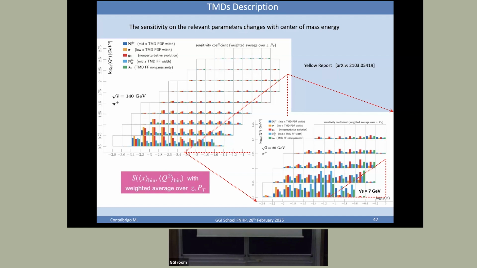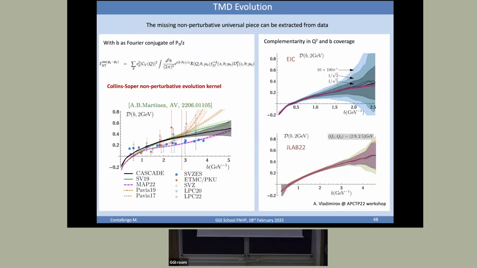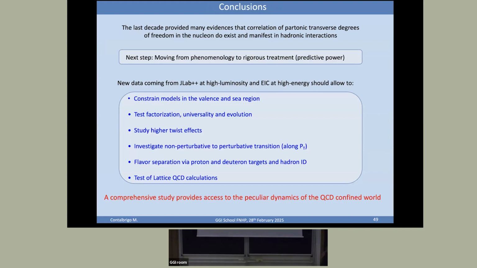But EIC has the capability to change the center of mass energy, as I mentioned. So this is the highest energy. Of course, you're exploring the sea, essentially the gluons. At the minimum energy, you are closer to the valence, but still not there. And for that, you need JLab. I can skip that.